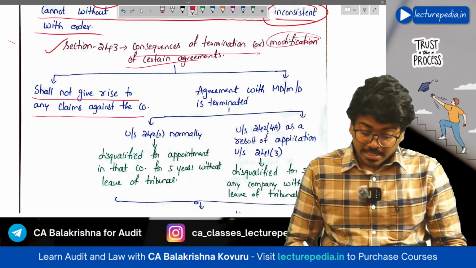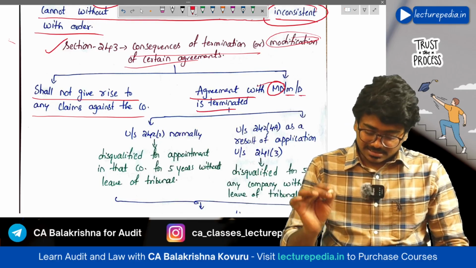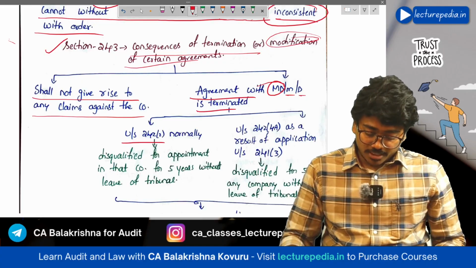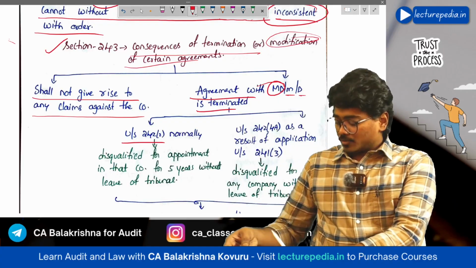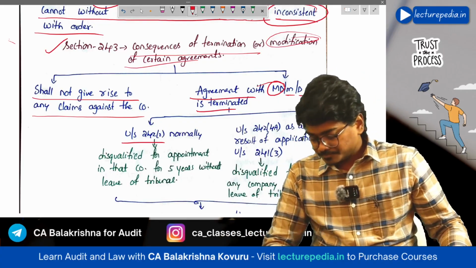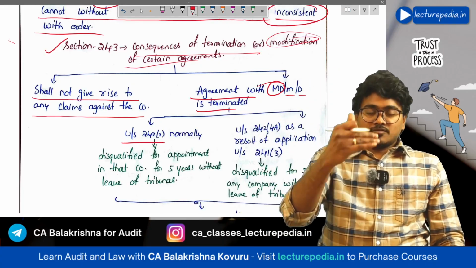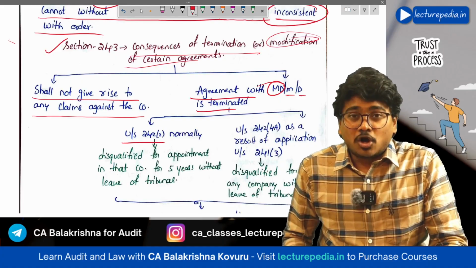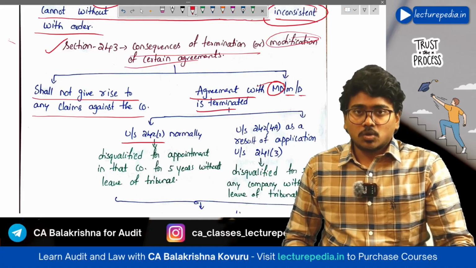Hope that is clear. Next, agreement with managing director, manager or director is terminated under section 242 normally. That means shareholders have filed an application with the tribunal with respect to the operation under section 241, and as a result of such application, the tribunal has ordered to terminate the managing director or the director or the whole time director.